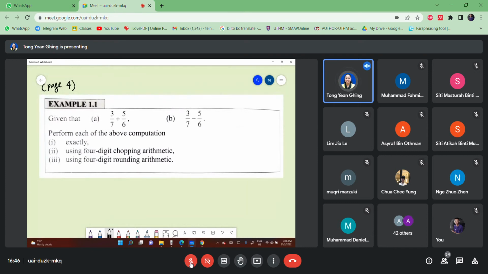Example 1.1, given that A and B are different: 3/7 plus 5/6. Perform each of the above computations exactly using 4-digit chopping arithmetic and using 4-digit rounding arithmetic. Okay, we do A first.